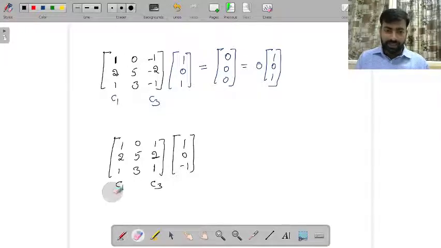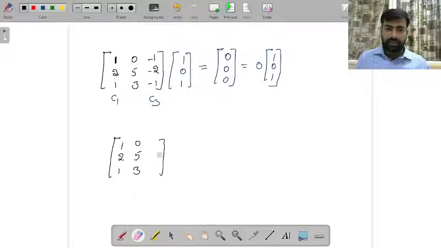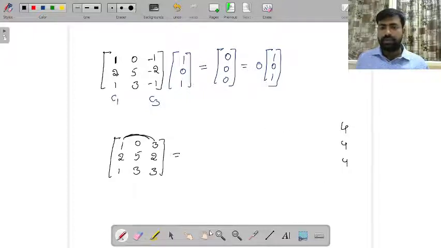But I don't want to take the same. Let me take a little different one: 1 and it is 3, 2 2 1 and 3. Now you take the sum of the first column and the third column, which will give you 4 4 4.